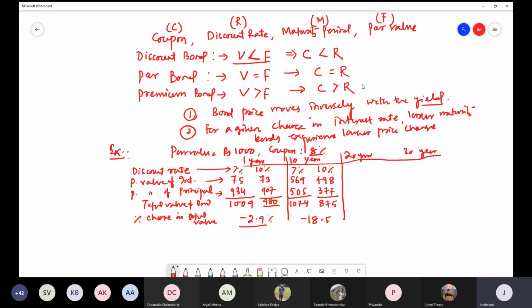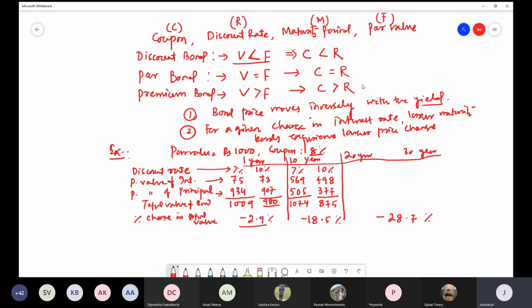The same thing, if you do it for 20 years and 30 years bonds, you will find that the percentage change will come. I have already calculated it. I am just giving you the figure, it will come minus 28.7%. What does it mean? If your coupon rate is constant and there is a change in interest rate, then for a given change in the yield or the interest rate, the longer maturity bonds experience larger price change.